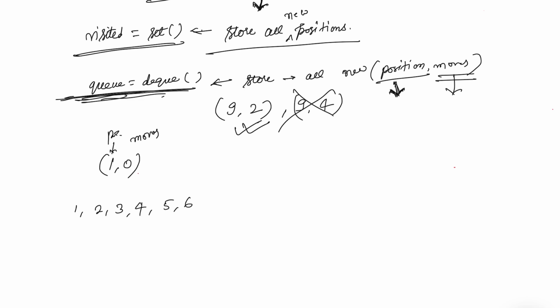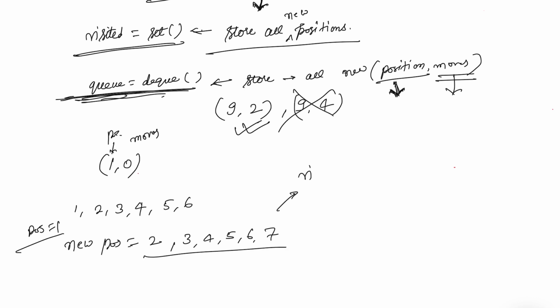So from position 1, the new position can be either 2 or 3 or 4 or 5 or 6 or 7. If our initial position is 1, the new position can be 2, 3, 4, 5, 6 and 7. So what we will do, we will store each position inside this visited set. So this new position will be 2, 3, 4, 5, 6, and 7.